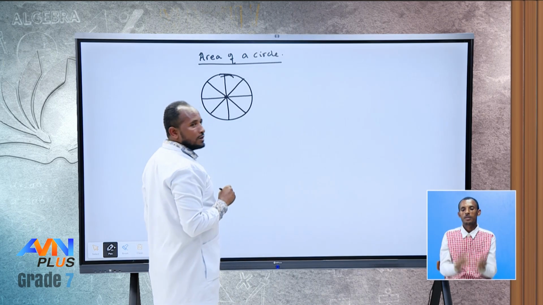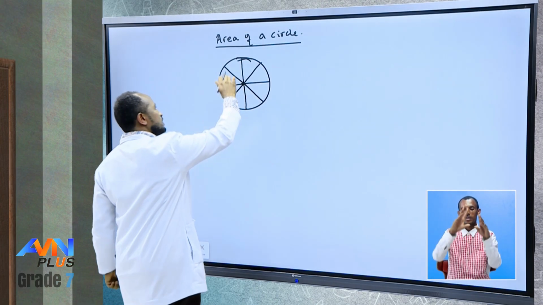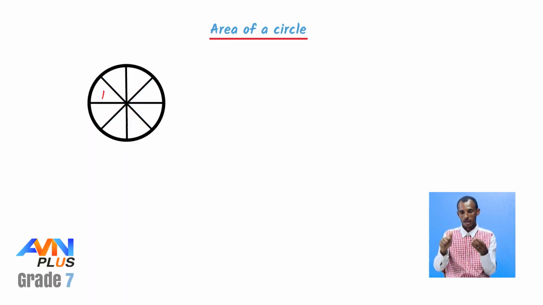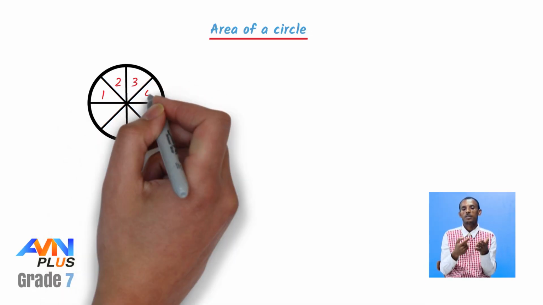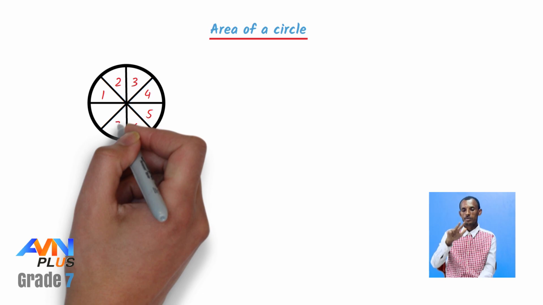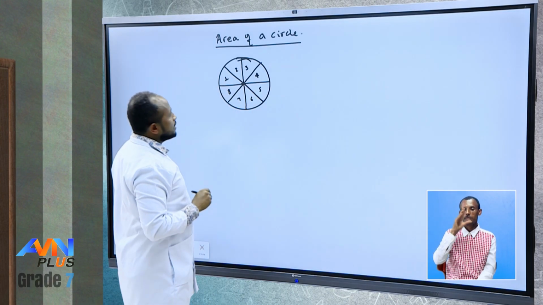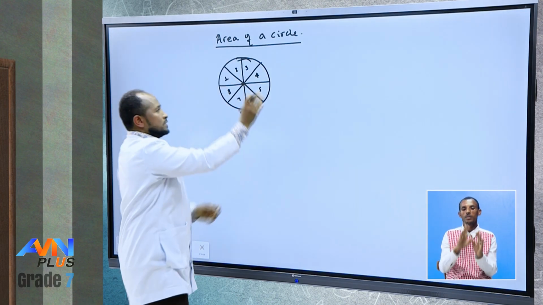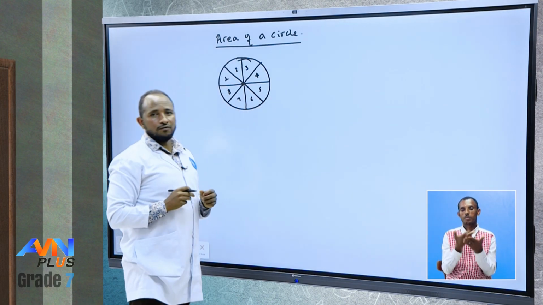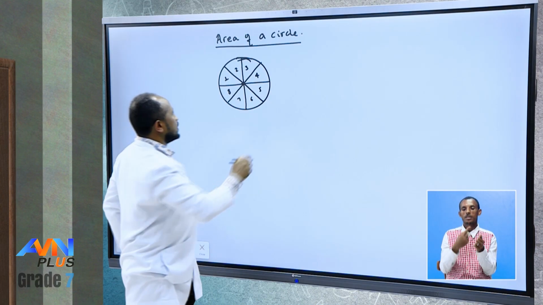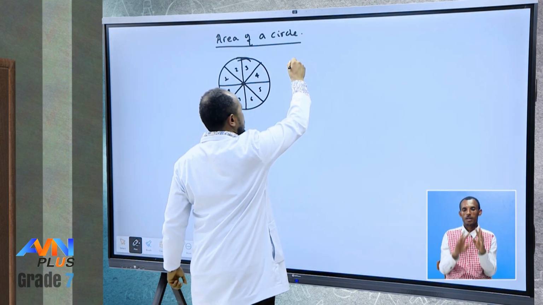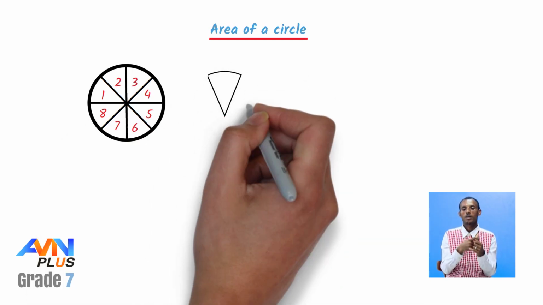Okay, now let's give a name to these pieces. The first piece, second, third, fourth, fifth, sixth, seventh, and eighth. Now let's take out each piece and arrange them in the following form. Let's take the first piece, 1. You will have such a form.